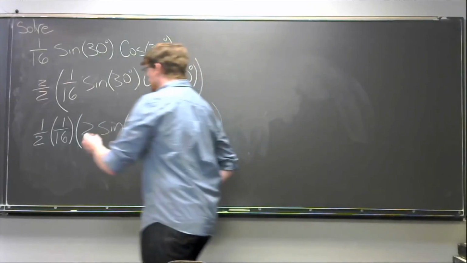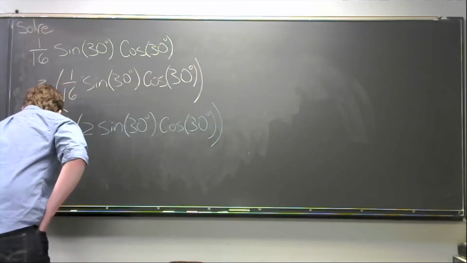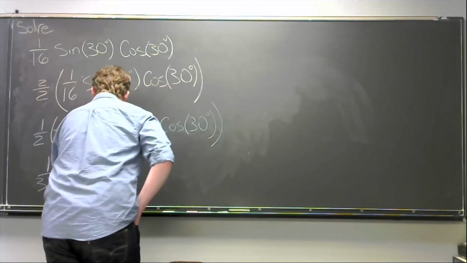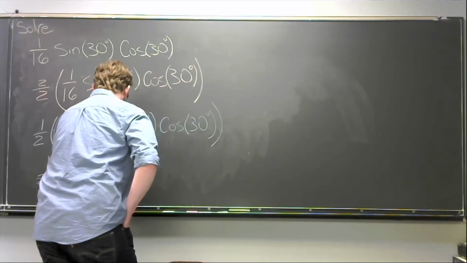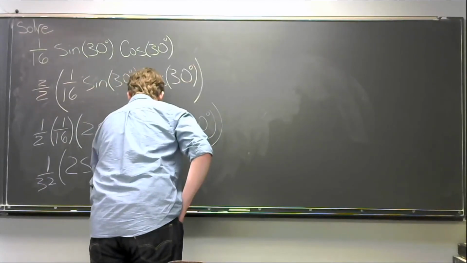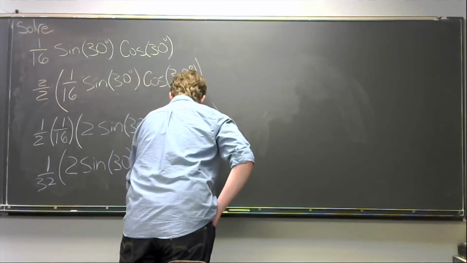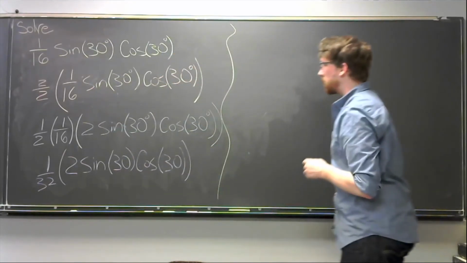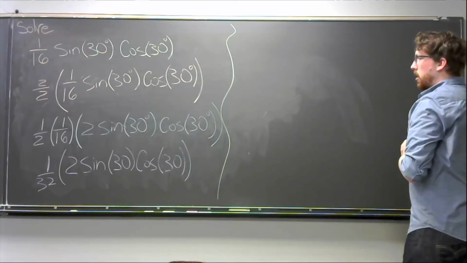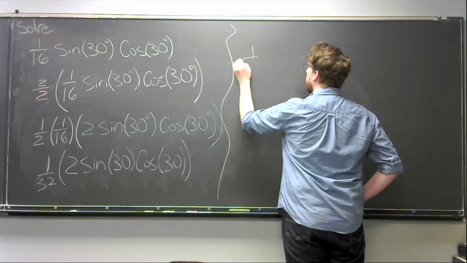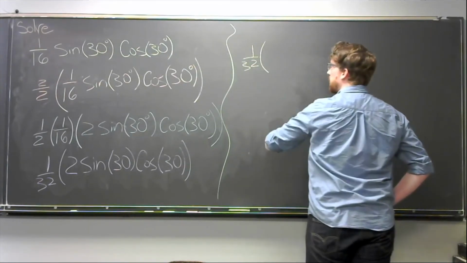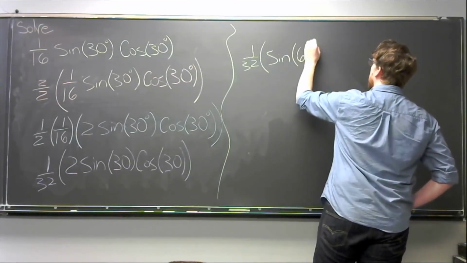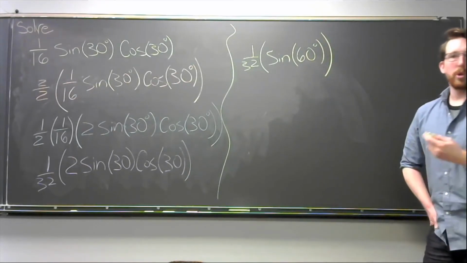So we'll have 1 over 32 times 2 times the sine of 30 degrees times the cosine of 30 degrees, which will give us 1 over 32 times the sine of 60 degrees, which we can solve now.